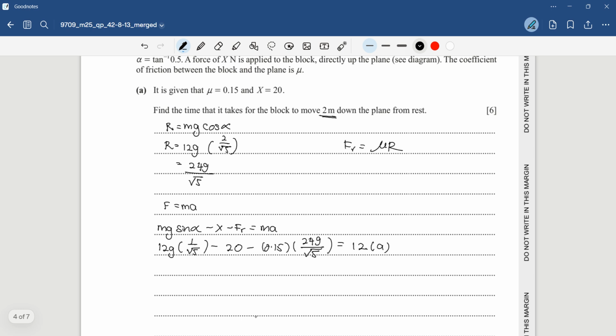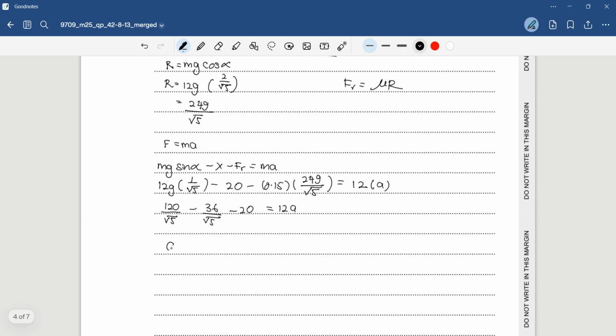Okay, so we resolve this, we can press a calculator. So it will be 120 over sec 5 minus 36 over sec 5 minus 20 is equivalent to 12a. So you press a calculator, you'll get your a is equivalent to 1.4638.